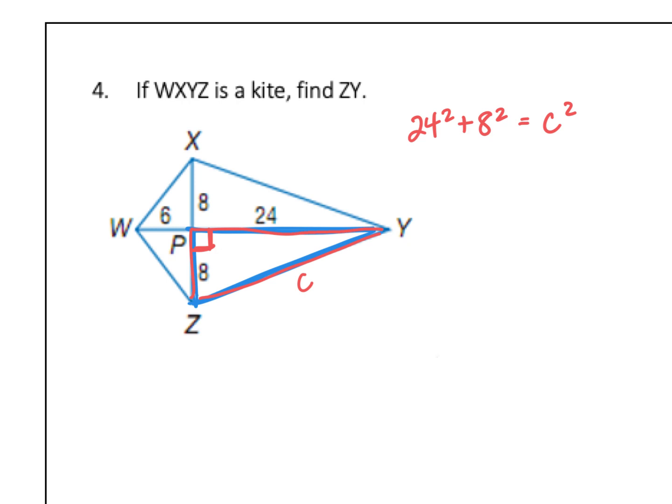So 24 squared, I think if you type that in, you'll get 576. 8 squared is 64. Now we have to add 576 plus 64. I think it's 640. And then we have to take the square root.